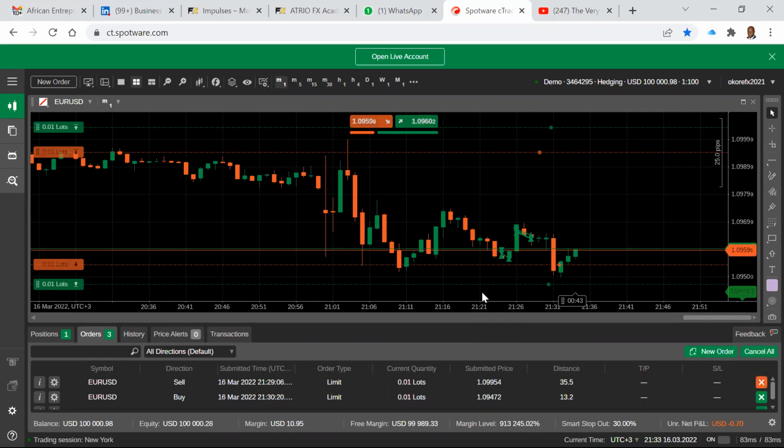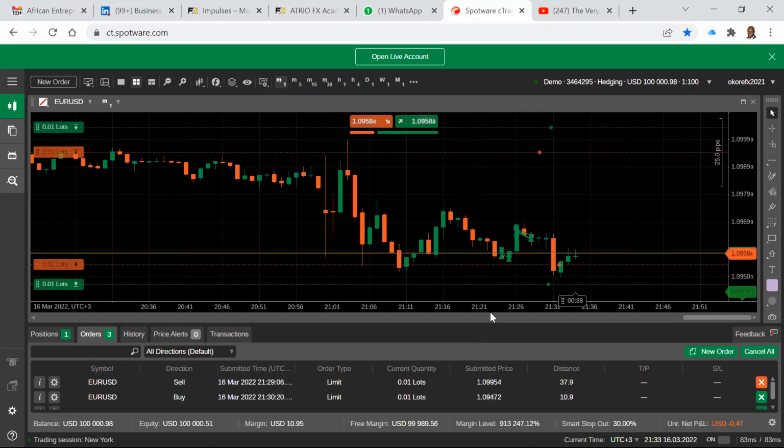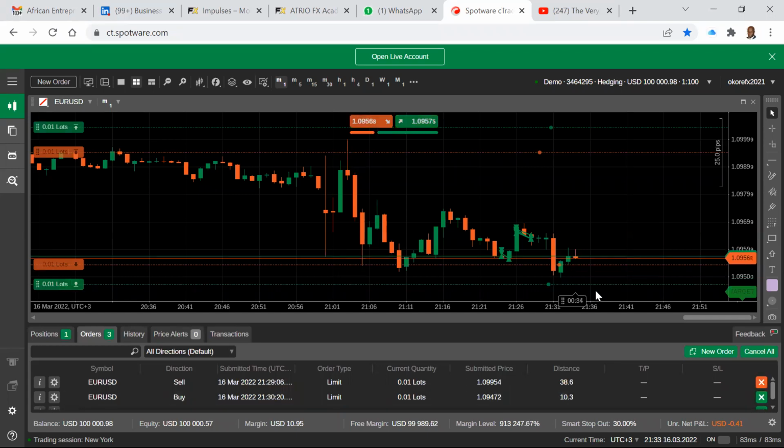Okay, the practical part. But the theory again, you understand the buys and the sells. Even in the older platforms, they do have the pending order, and you can put them up using your mouse.